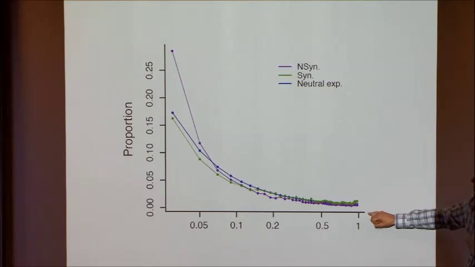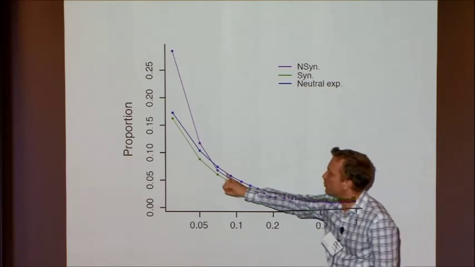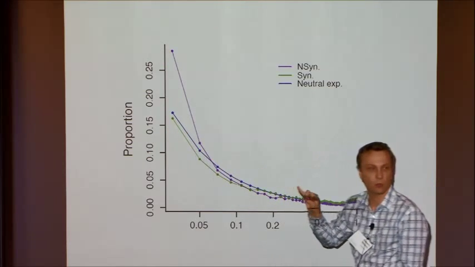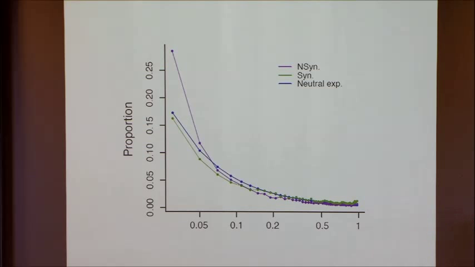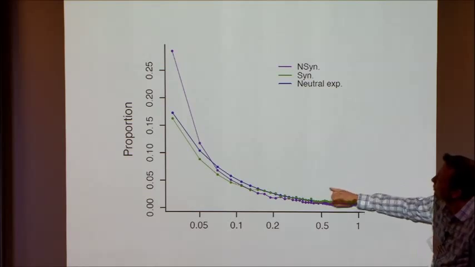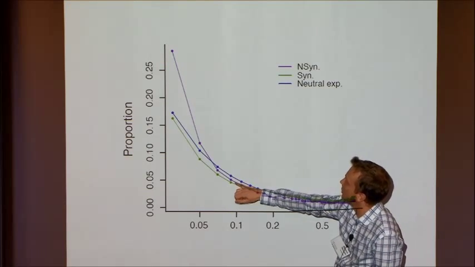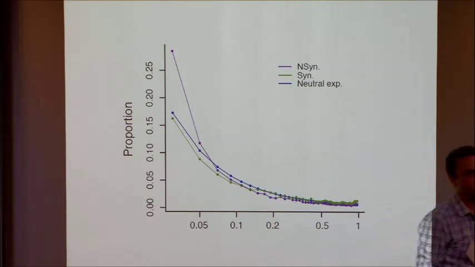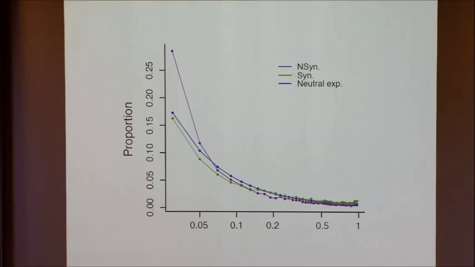And what you have in the blue here is the neutral expectation, the one that's proportional to 1 over x from before. And then in the real data you have 2 different distributions. The green one is synonymous mutations, and the purple one is non-synonymous mutations. Just let me remind you what the difference between synonymous and non-synonymous is.